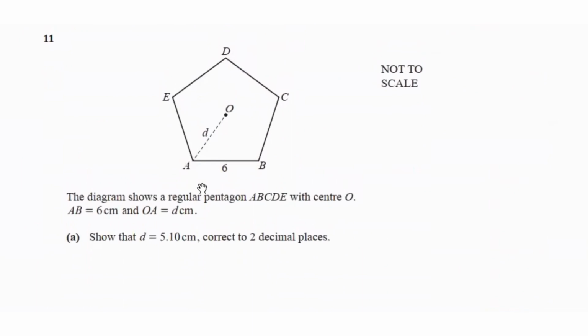Question 11 says the diagram shows a regular pentagon ABCDE with center O. AB is 6 centimeters, OA is D centimeters. Show that D equals 5.10 centimeters, correct to 2 decimal places. So let me just draw this as a triangle over here. If we connect all the vertices with O, we can see that we have 5 identical triangles.